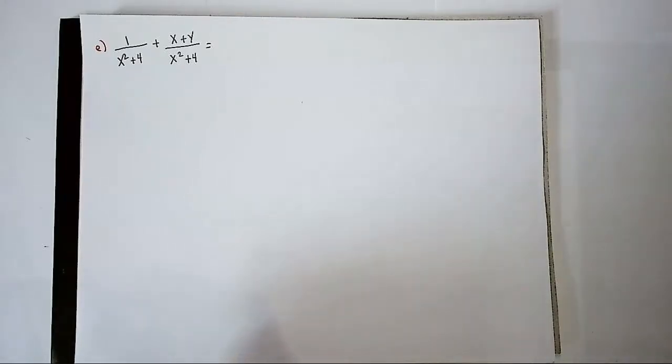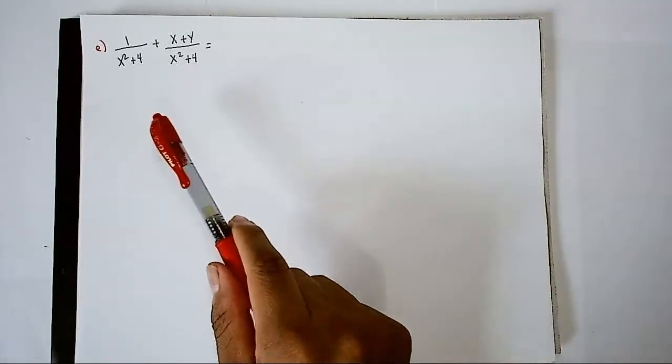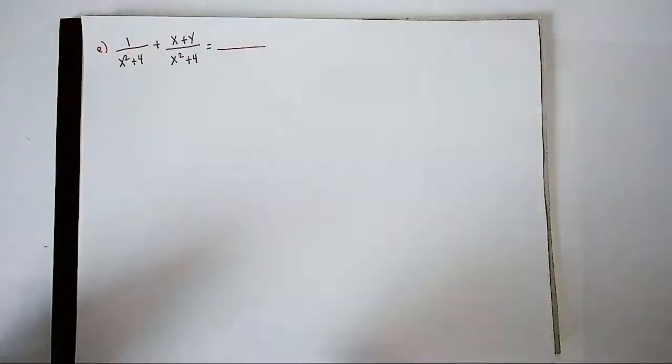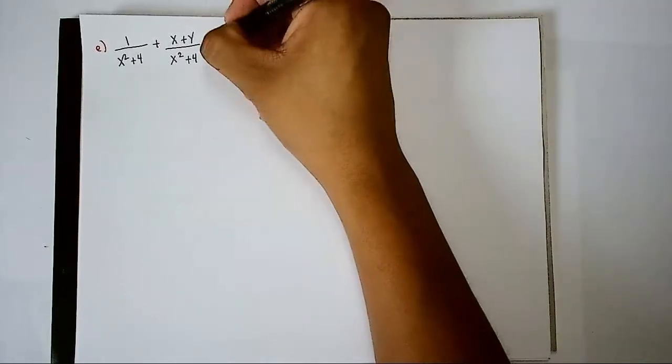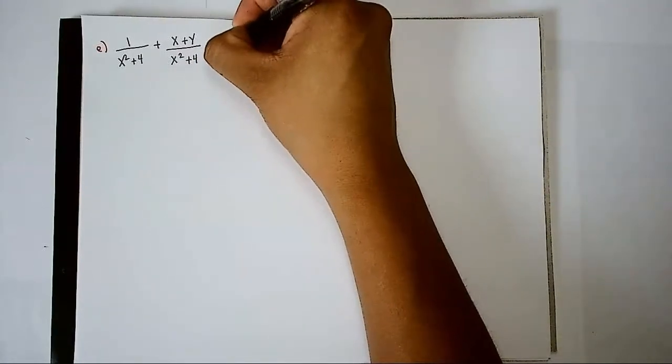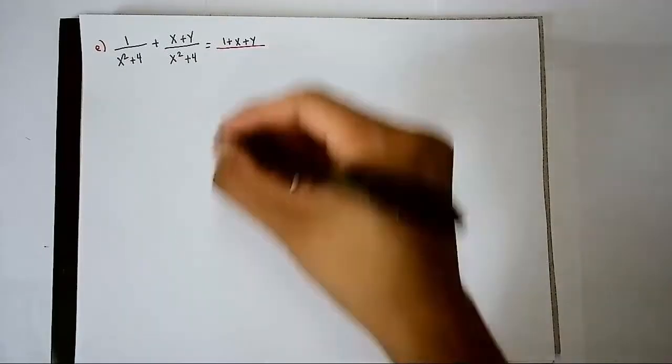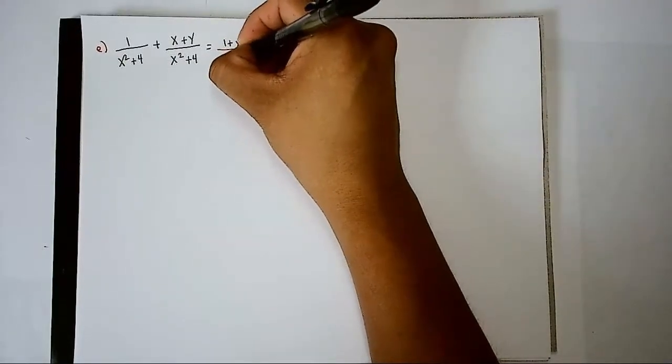In example E, we have the addition of two fractions. Notice that both have the same denominator. Therefore, the addition is simply the summation of the numerators divided by the common denominator.